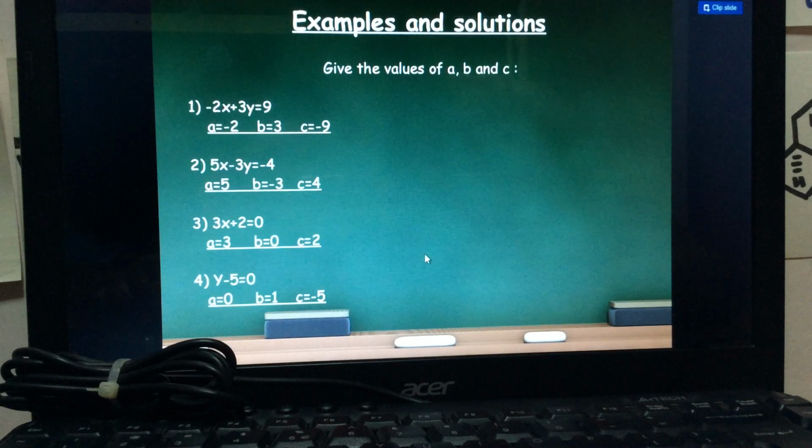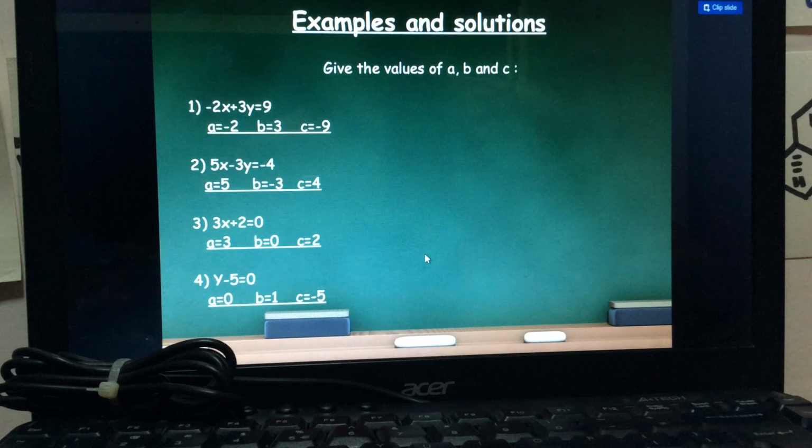So we have here examples and solutions. Number 1, give the values of a, b, and c. So negative 2x plus 3y equals 9. So a is equal to negative 2, b equals 3, c equals 9. Next, 5x minus 3y equals negative 4.